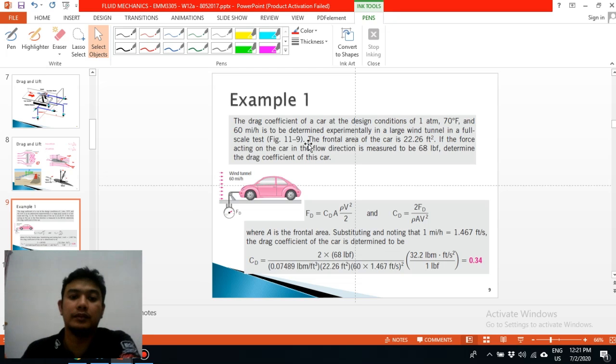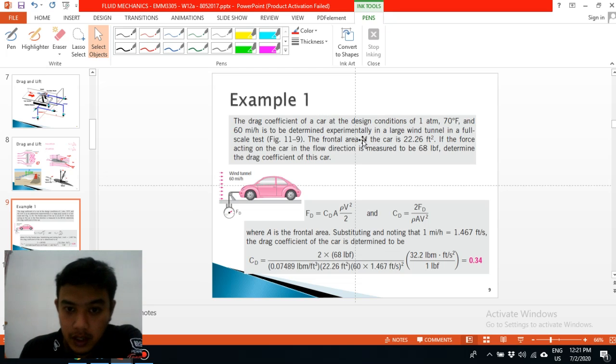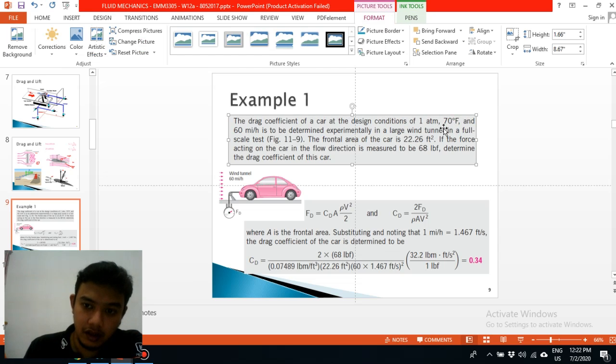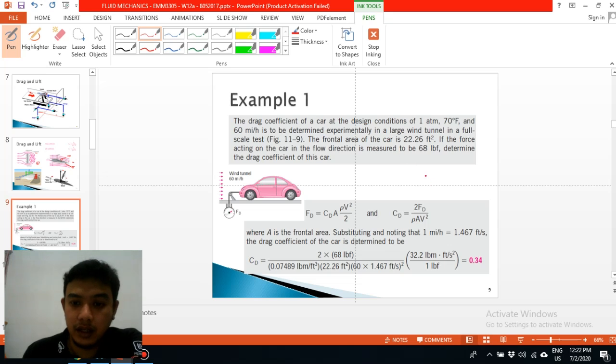Okay, we go for an example. Example 1 shows a car with design conditions of 1 atm, 70 Fahrenheit, at 60 miles per hour, to be determined experimentally in a large wind tunnel in a full scale test. The front area of the car, A, is 22.26 feet squared.